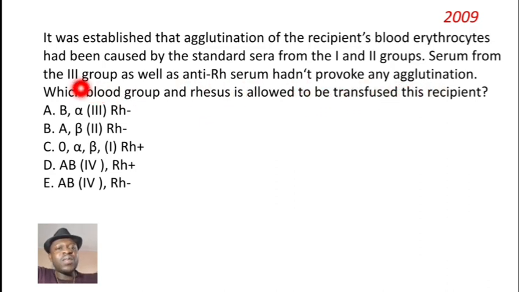You have seen the third group and rhesus negative, so that's the answer, right? There's no further explanation, because if there is no agglutination in the third group and anti-rhesus is negative, it means rhesus negative. So you just need to find the third blood group in your answers, and also rhesus negative, and this is the answer, right? Blood group 3.